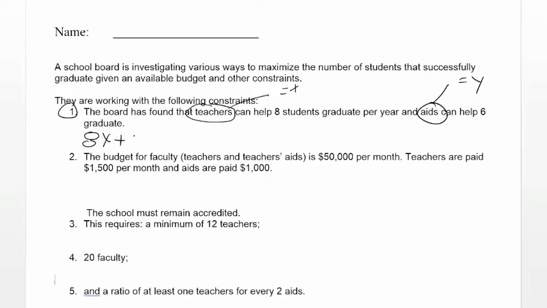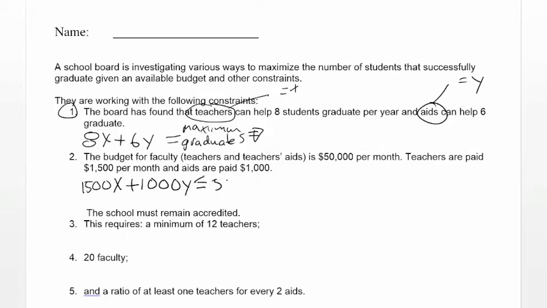So that would be 8x, 8 times the number of teachers, plus 6 times the number of aides equals the maximum graduation rate. Then for the second constraint, we would have the number of teachers times 1,500 plus the number of aides times 1,000 will equal the budget of 50,000.